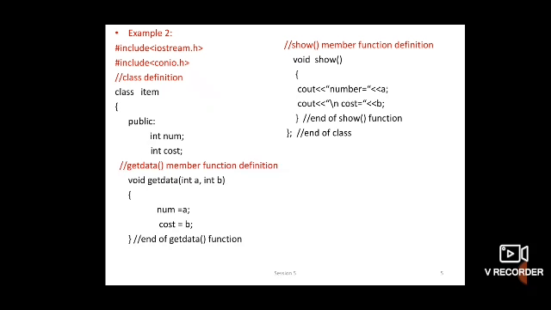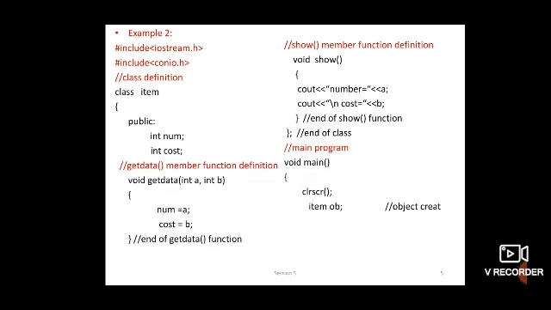Now first create void main. Write the main program. In the main program create an object for the class. So atom ob. ob is the object name, atom is the class name. Now invoke the member function.